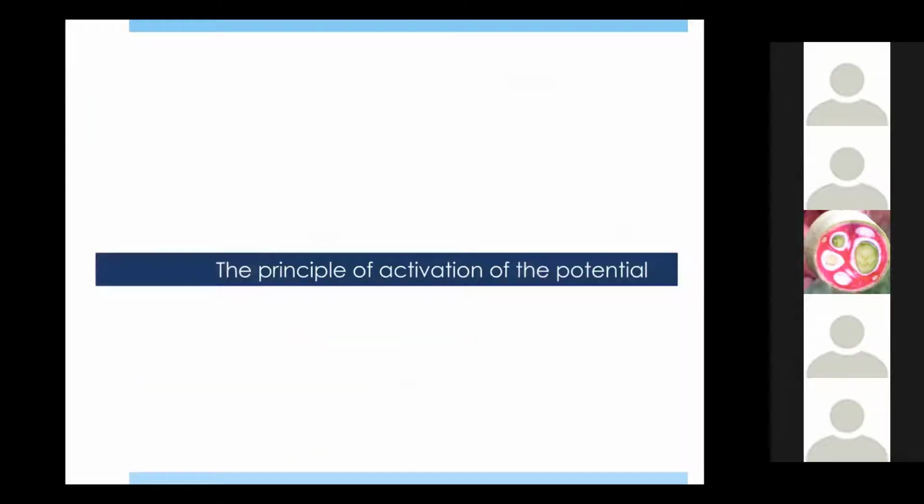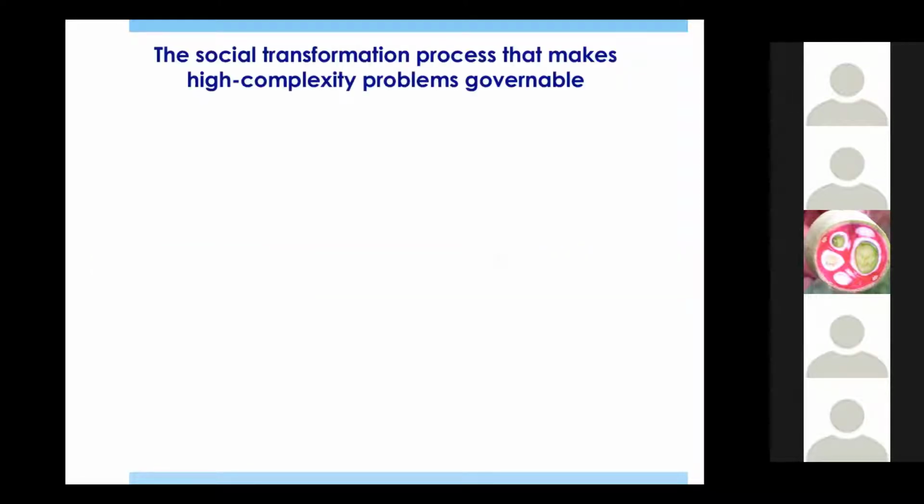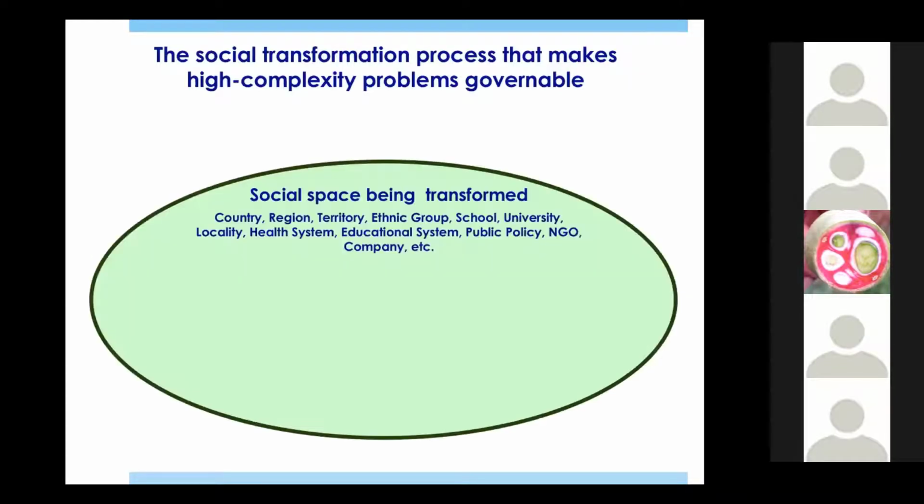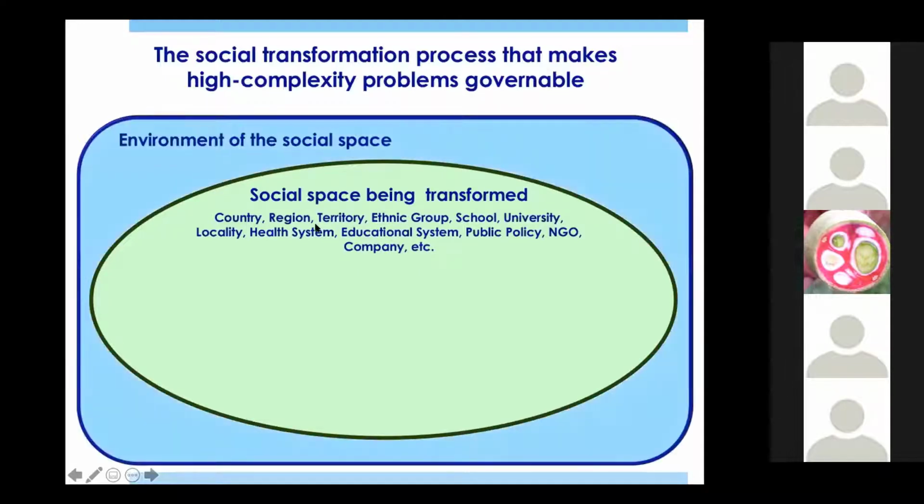Well, second, the principle of activation of the potential. I'll show first the process that makes high complexity problems governable. Let's take any social space that we want to transform: a country, region, territory, an ethnic group, a university, a company, a health system, whatever, in its environment, of course.